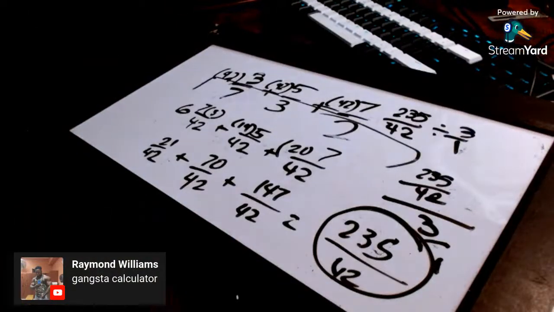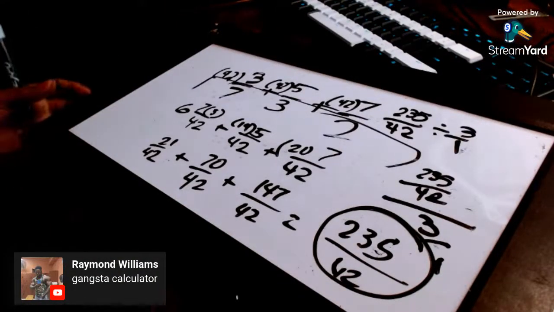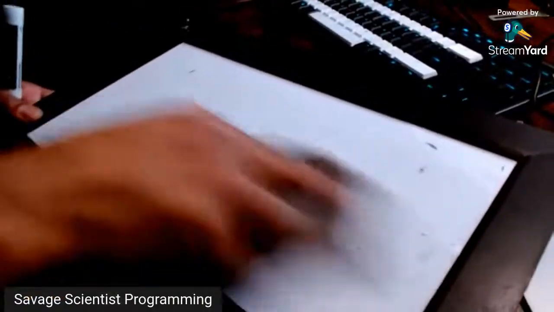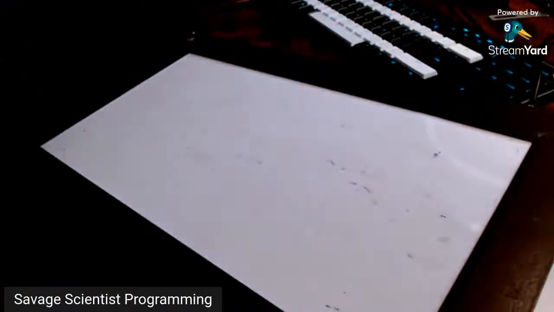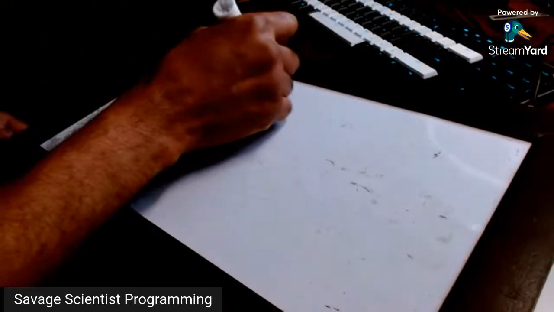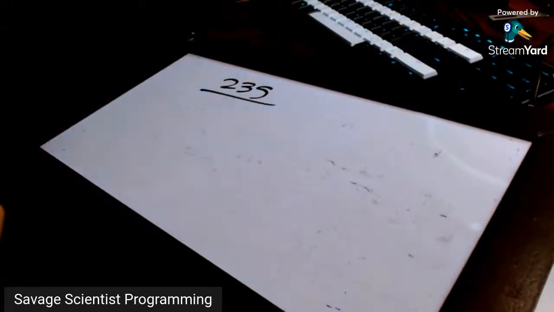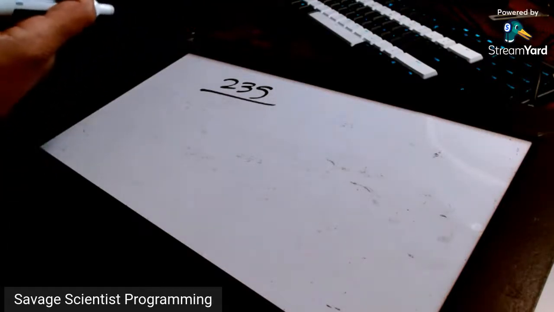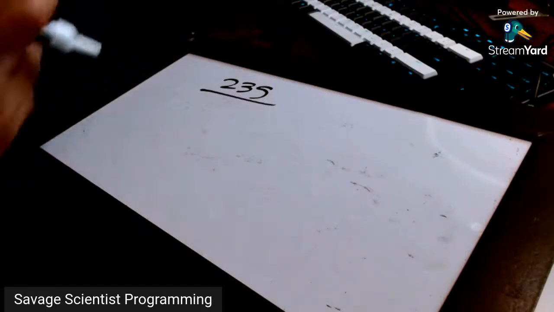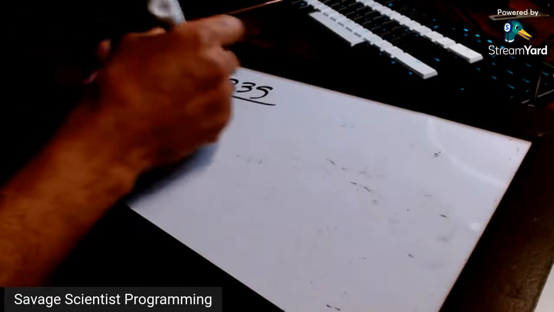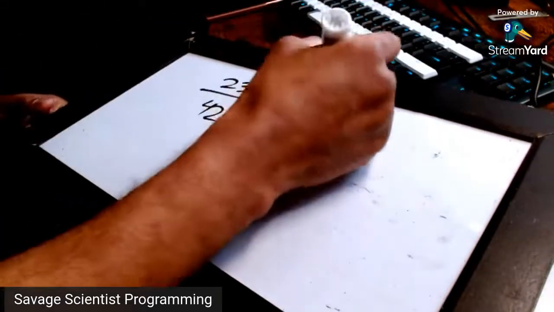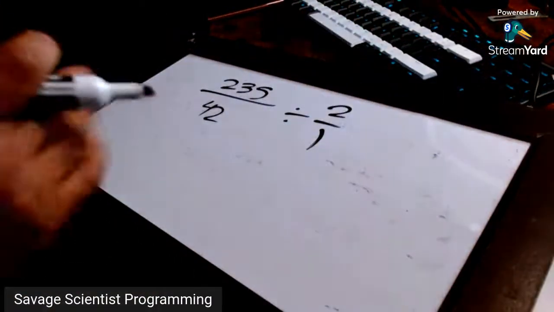Let me clear this up. 235. What did I say it was? 235 over what? I might have to go back and watch the video so I can see what that was. Over 42. So that's where we at now.